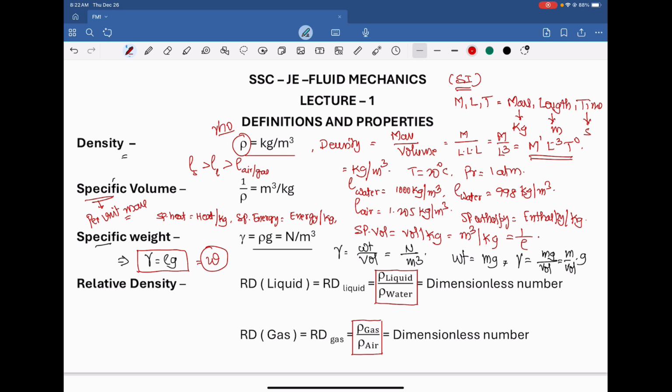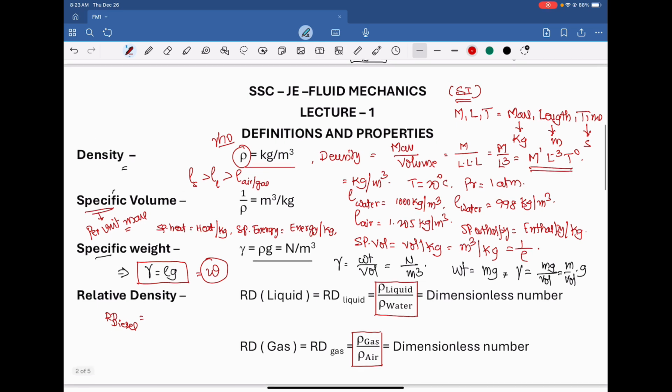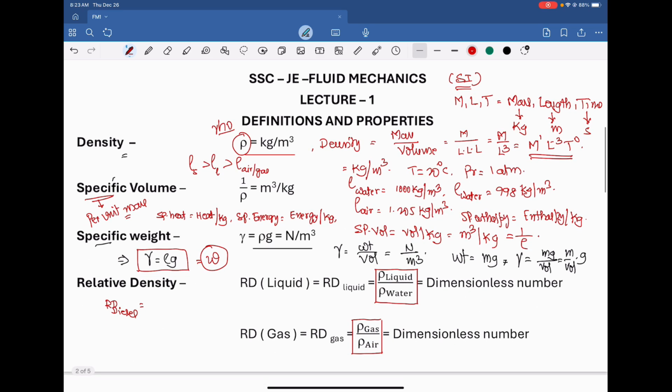Now let us say, what is the relative density of diesel? You know diesel is a liquid. You go to a petrol pump, put petrol or diesel in your car or in the vehicle. Then relative density of diesel is equal to density of diesel by rho of water.